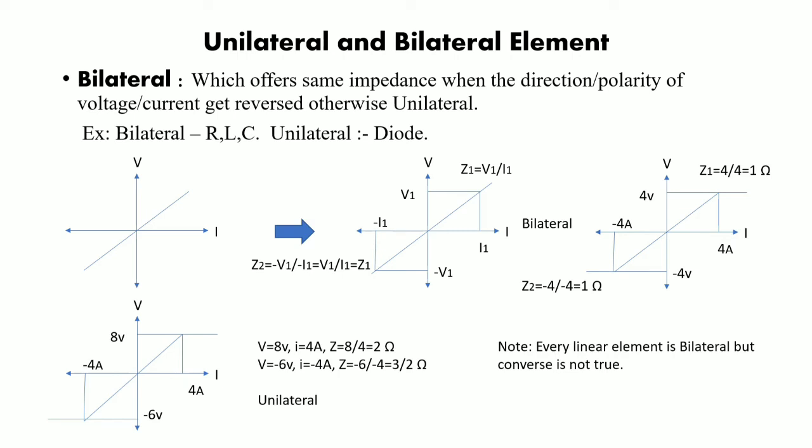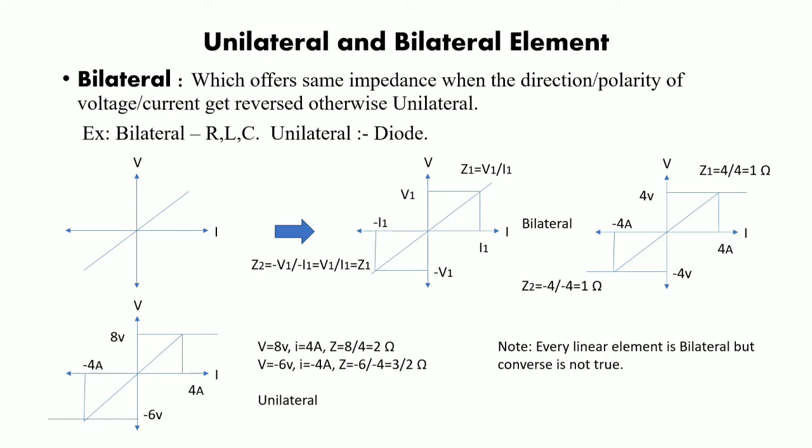Now come to the next graph, graph number 4. In graph number 4, in first quadrant V is equal to 8 volt, I is equal to 4 ampere. So impedance of first quadrant Z is equal to 8 upon 4 is equal to 2 ohm.